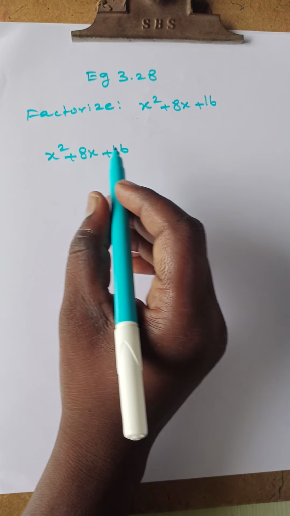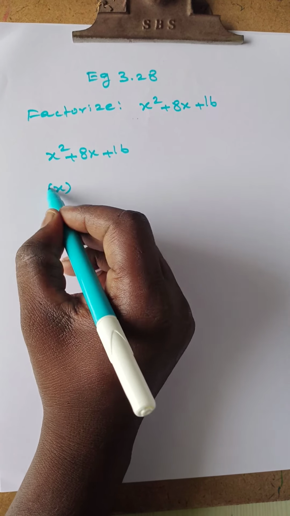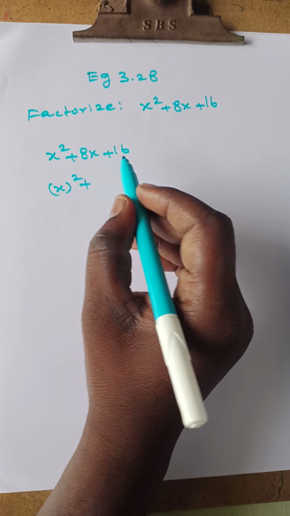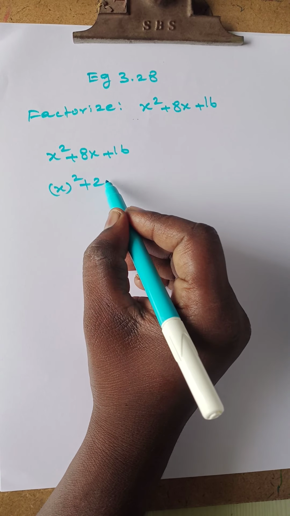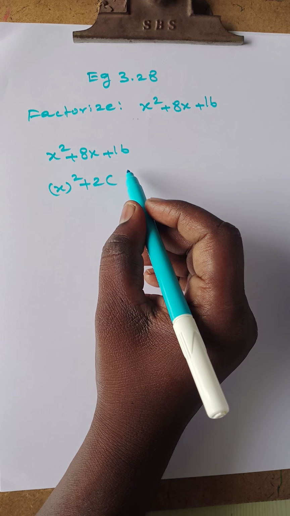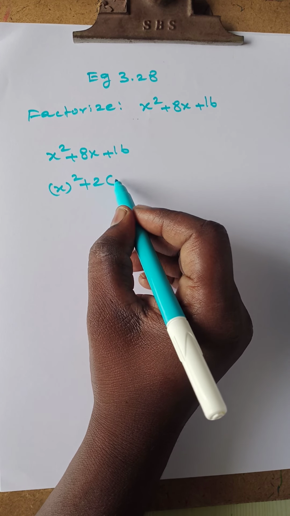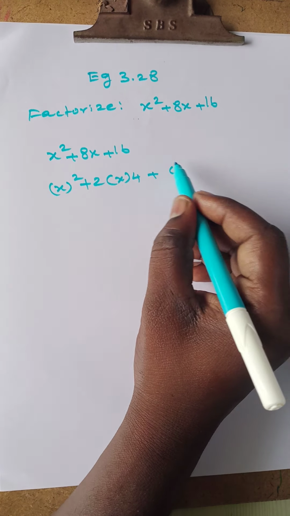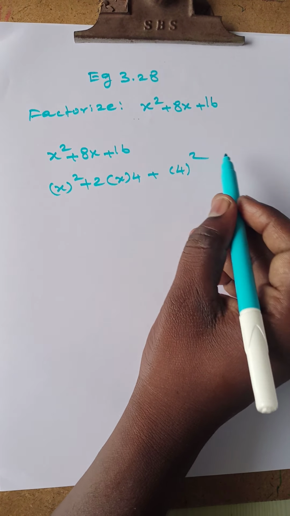We can write x the whole square, plus 2 into x into 4, plus, for 16, we can write 4 the whole square.